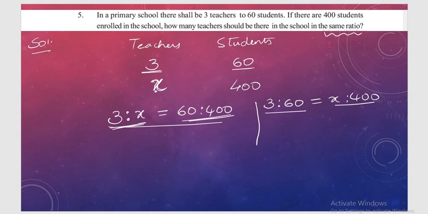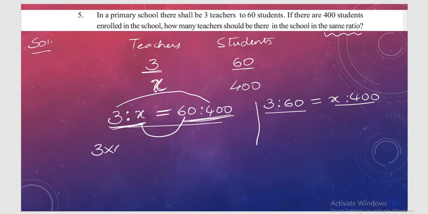Now, since this is a ratio and this is also a ratio and both ratios are equal, when such a case is there, what do we call it? Proportion. So when you are having proportion, you are going to multiply means and take extremes, right?